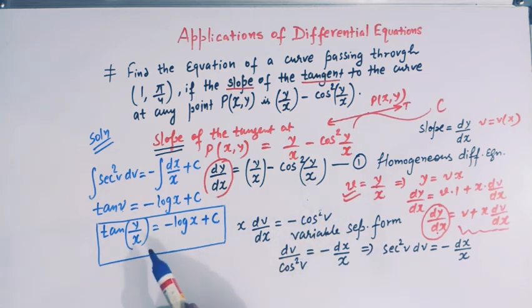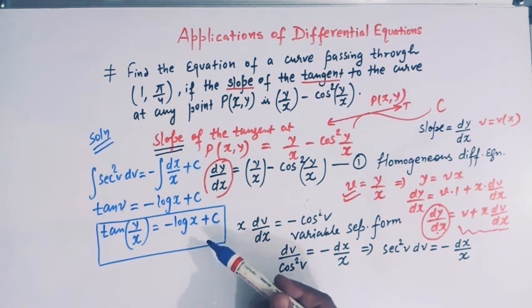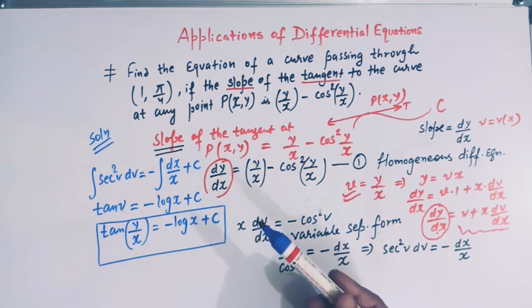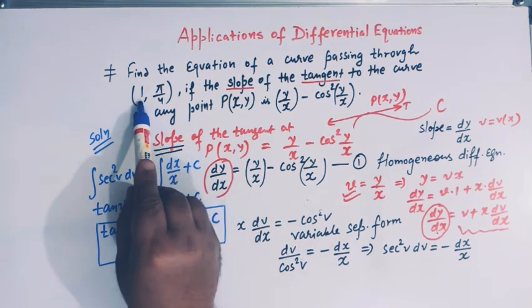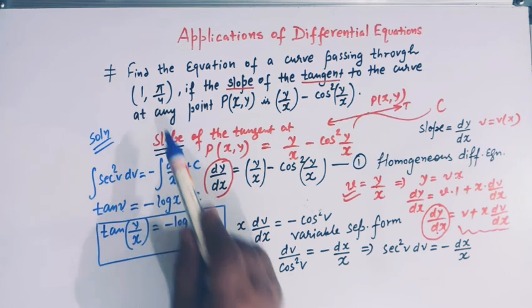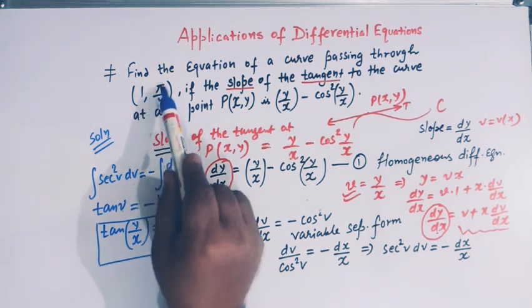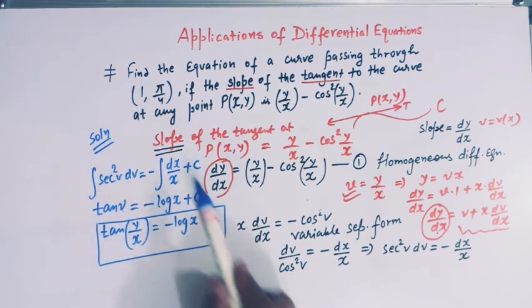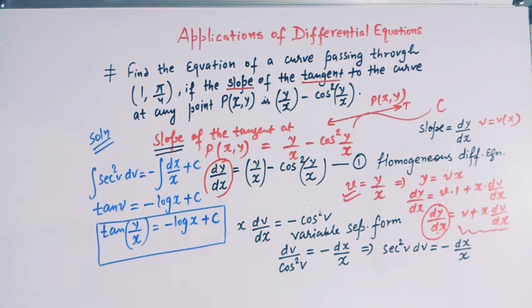But here we'll now find the particular solution, because we are given the condition that the curve passes through (1, π/4). So utilizing this condition, we'll find the value of c.